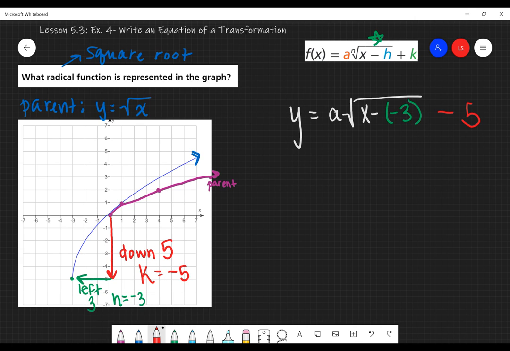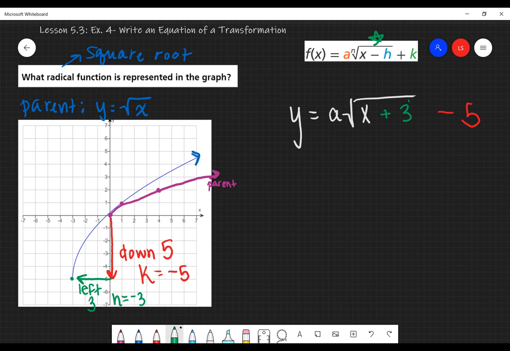So we've got our h and our k in place, and we can go ahead and rewrite this term here. Instead of minus and negative, we can fill in with a positive. So right now we've got a times the square root of x plus 3, minus 5 at the end.